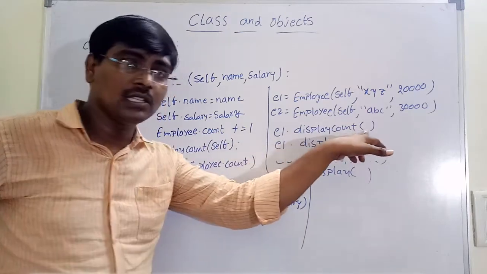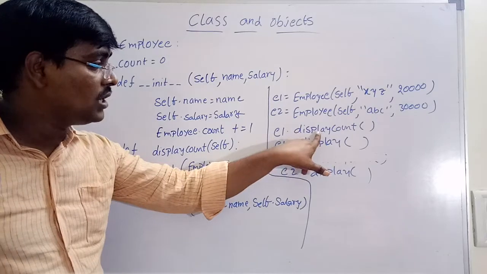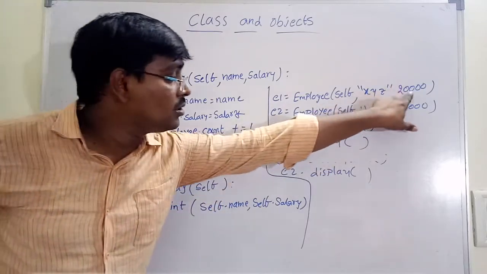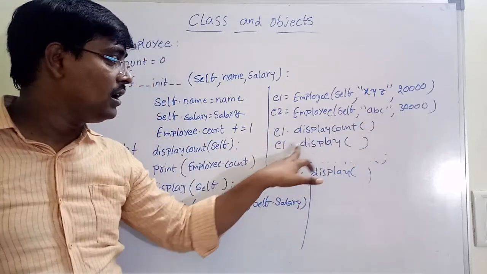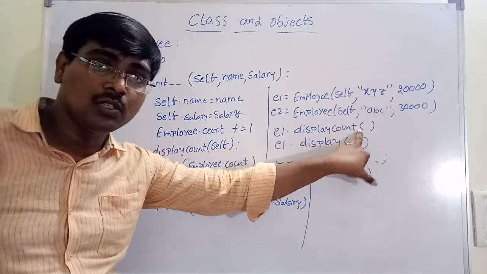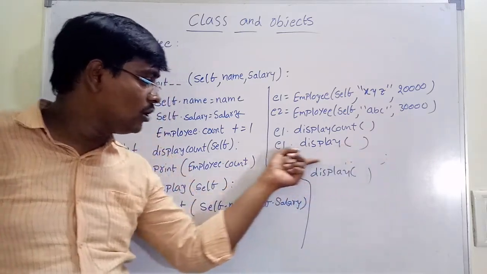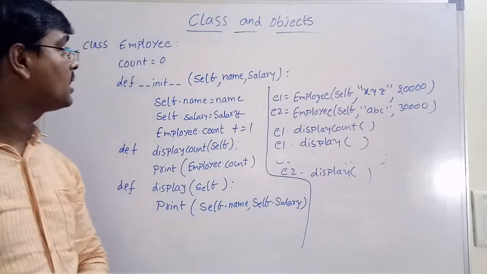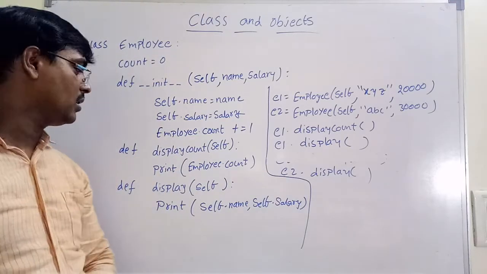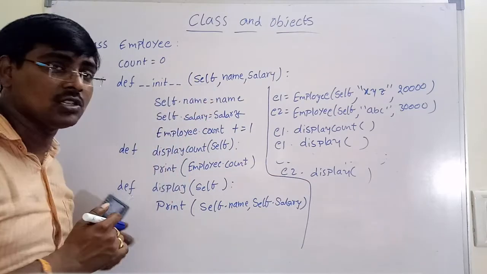Whenever we call the displayCount method, it prints the count, so the answer is 2. E1.display gives XYZ 20,000. E2.display gives ABC 30,000. E1.displayCount gives 2, which means we created two objects. E2.displayCount also displays 2. That means two objects are created. This is an example of a class with a constructor.